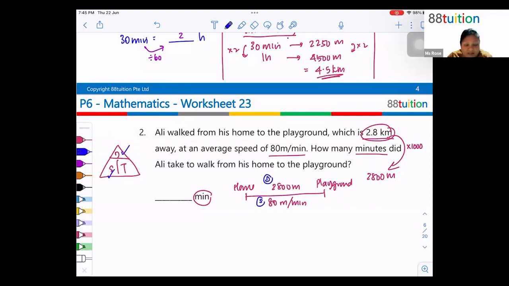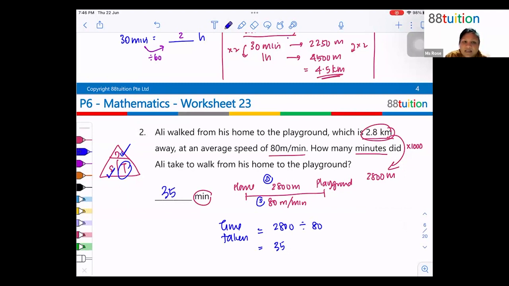Based on the triangle, can you see that I tick this, that means I can find time taken. So to find the time taken, I take the distance divided by the speed to give me 35. So in this case, it is 35 minutes.